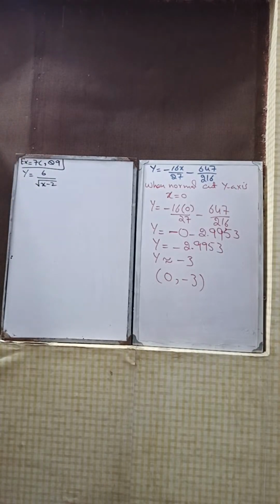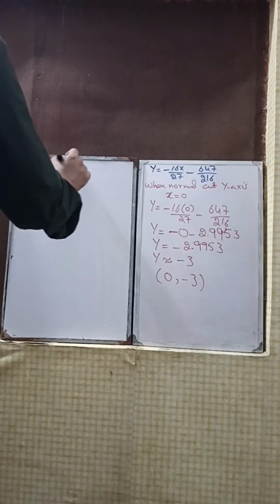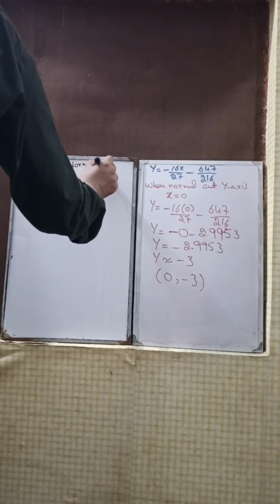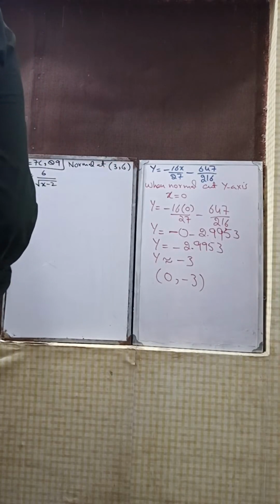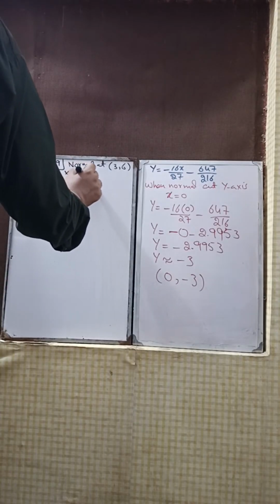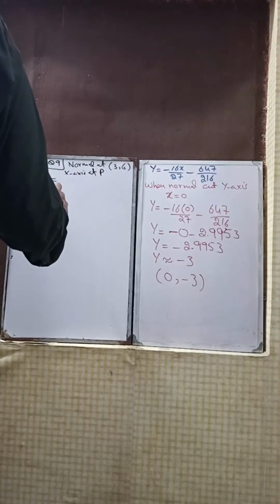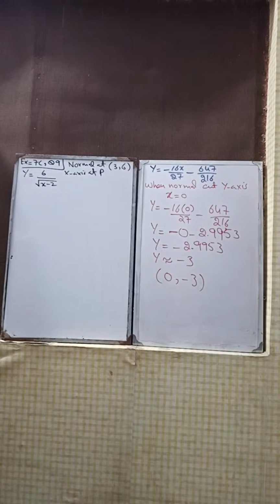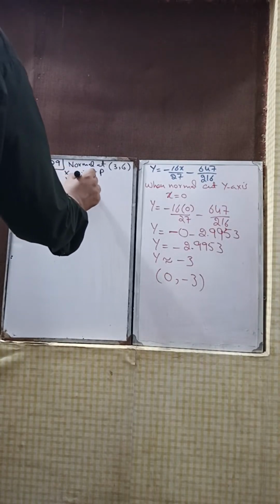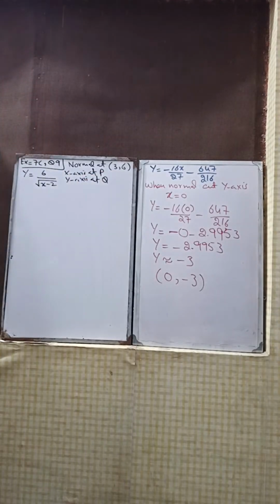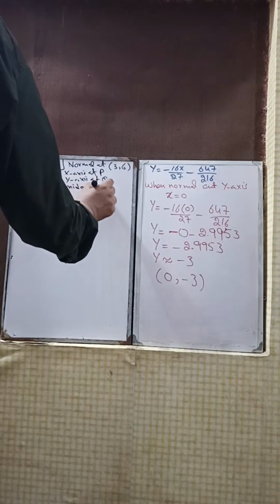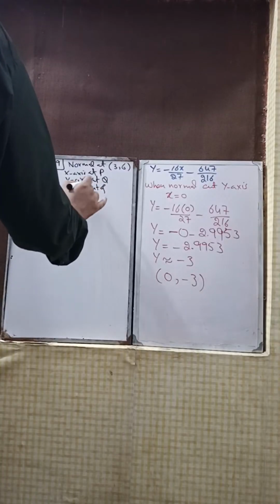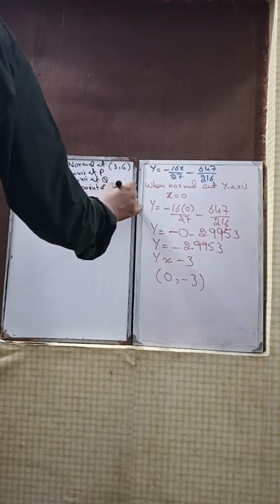The normal to the curve y equals 6 divided by root x minus 2 at the point 3 comma 6 meets the x-axis at point P and the y-axis at Q. We have to find the midpoint of PQ. This is their question.